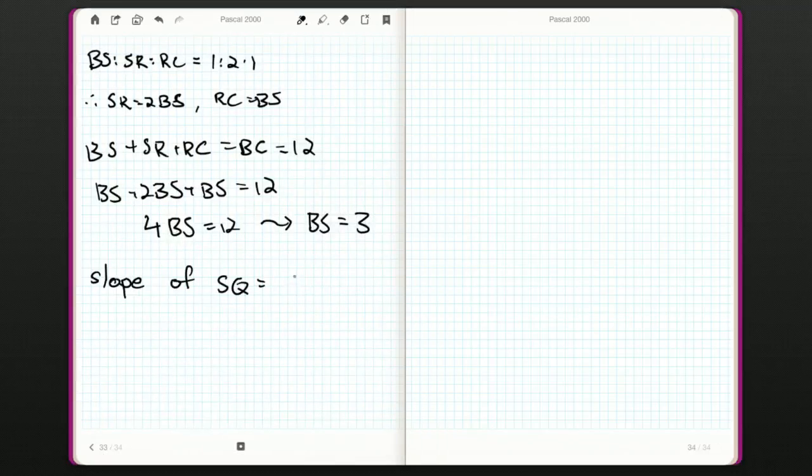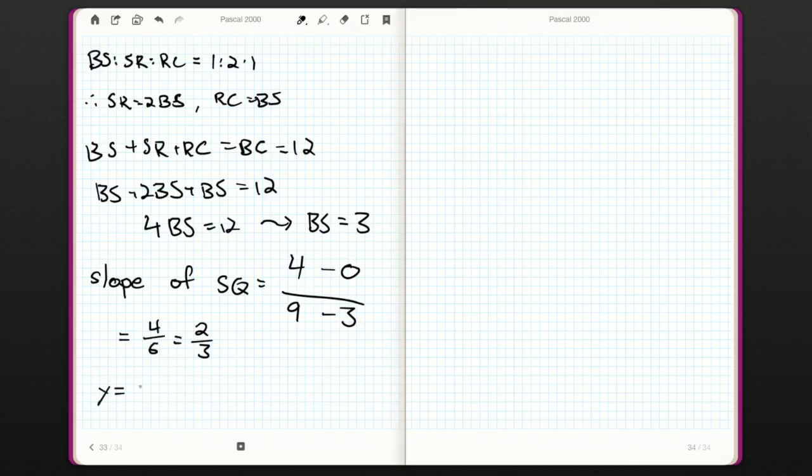So the y-coordinate of Q minus the y-coordinate of S, that's 4 minus 0, over the x-coordinate of Q minus the x-coordinate of S. That's 4 over 6, or 2/3.